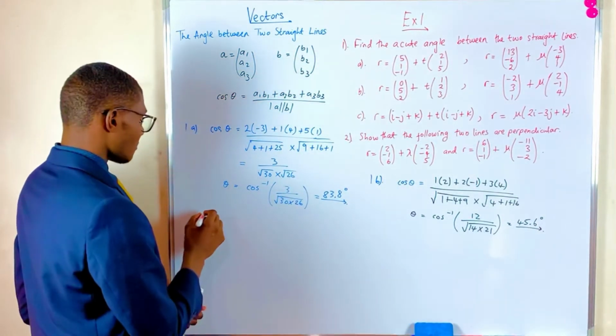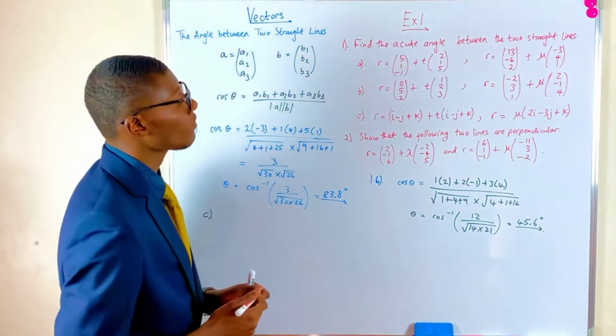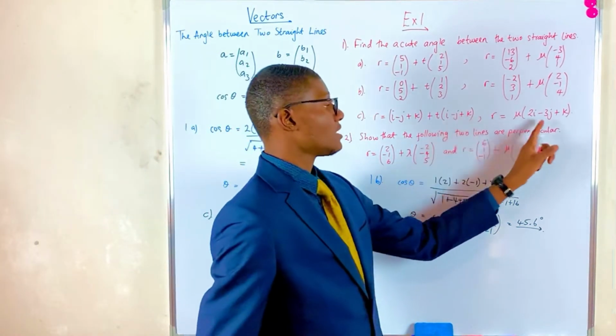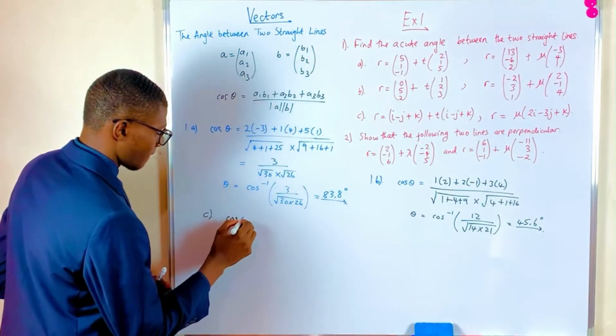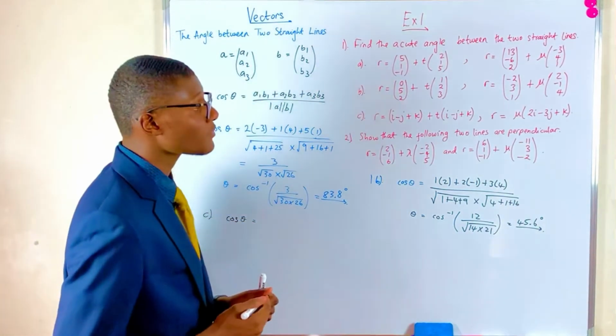And now for the third part, 1 part C. First of all, we're just considering these direction vectors. So cos theta is equal to the scalar product of the direction vectors.